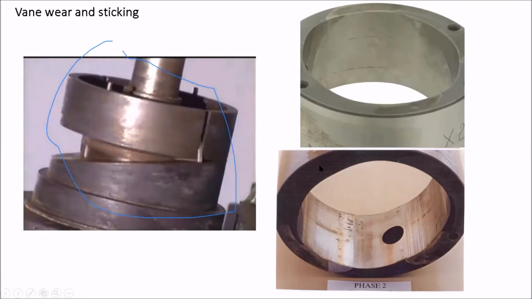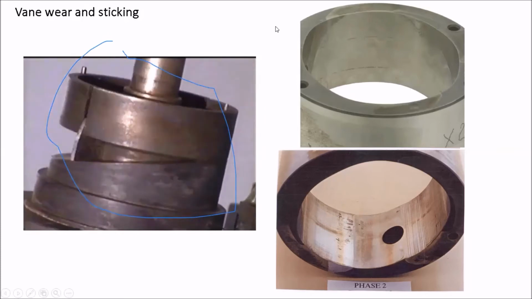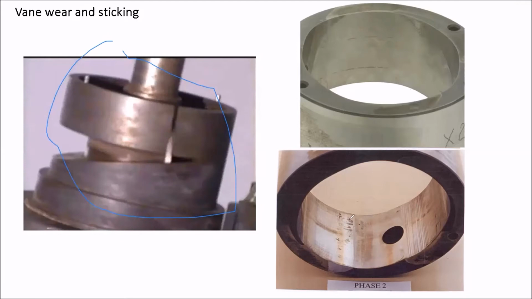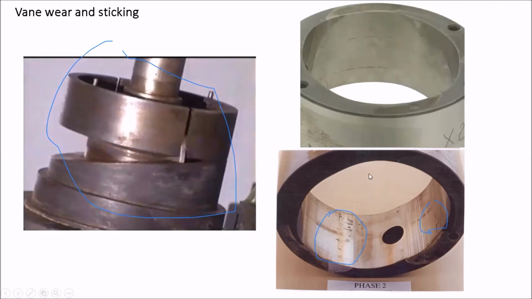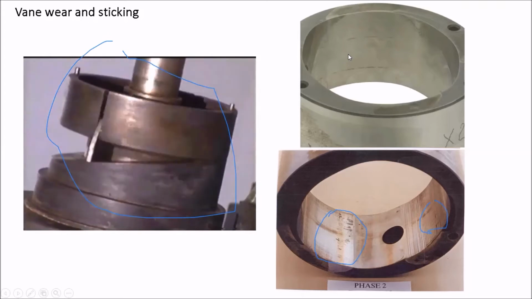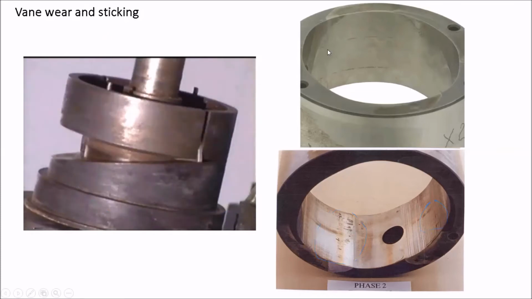There will be friction between the rotating part and the stationary part. This will cause wear and sticking. It will not move in a smooth flow, so it starts to stick. So you have wear and tear. This is one of the problems: wear and sticking.